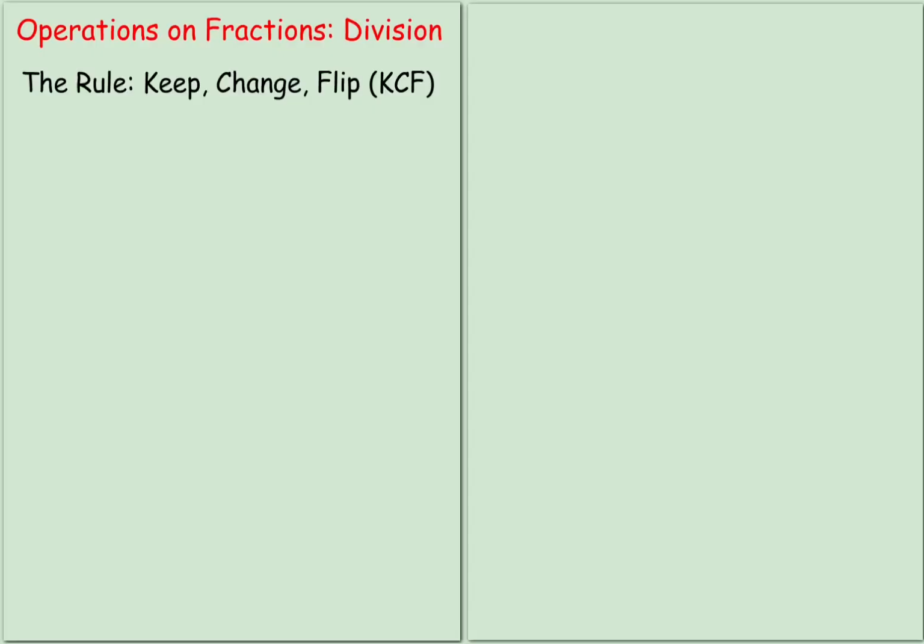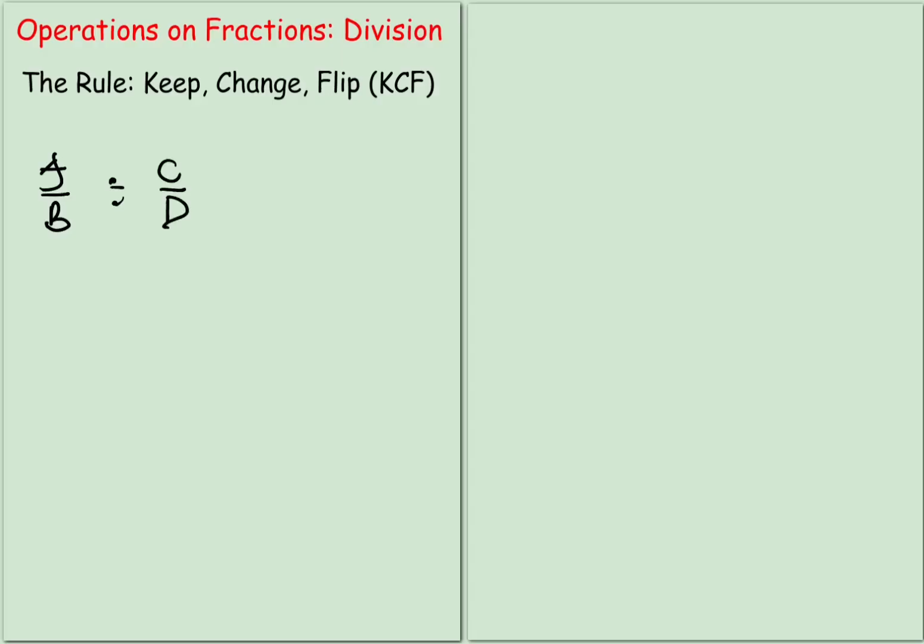As you can see on your screen, if you want to divide fractions, all you want to do is keep the first fraction, change your symbol, and then flip the second fraction. What does this mean? Let's say you have the fraction a over b, and you want to divide it by c over d.